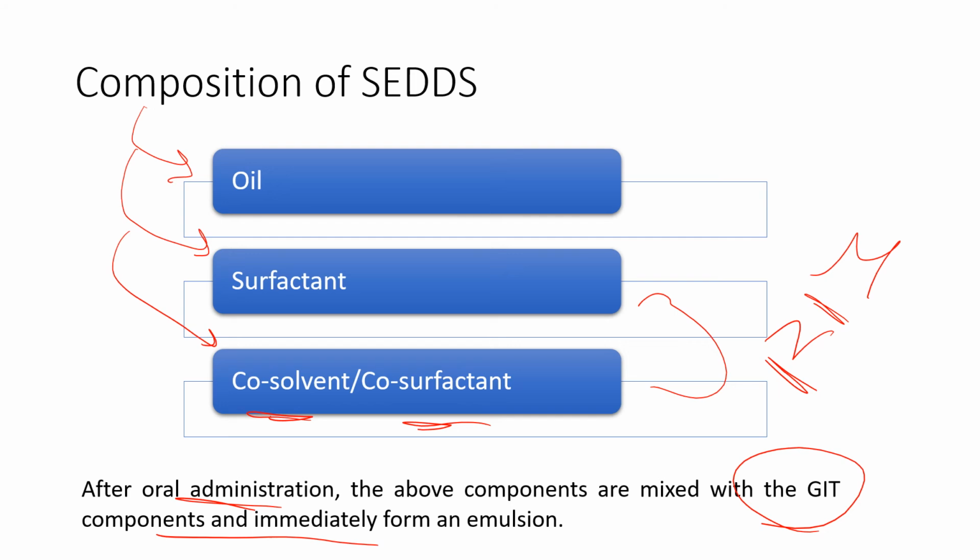So it is relatively more stable than any other emulsion because it will not segregate on the shelf life. It will remain as an oily solution, if you can call it an oily solution. It is oil, surfactant, and co-surfactant, and the drug, of course. Inside the body, it will form an emulsion in situ and immediately.